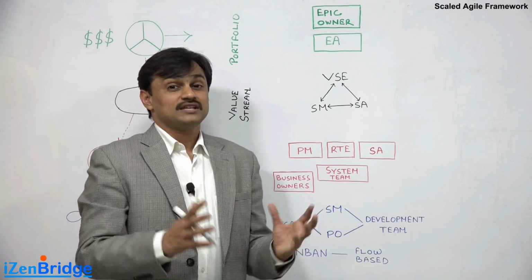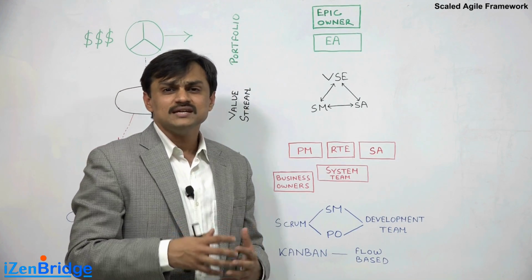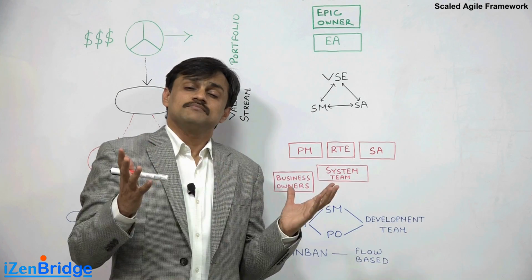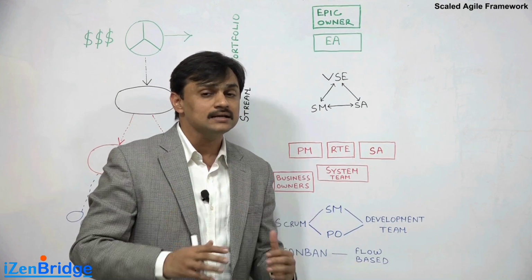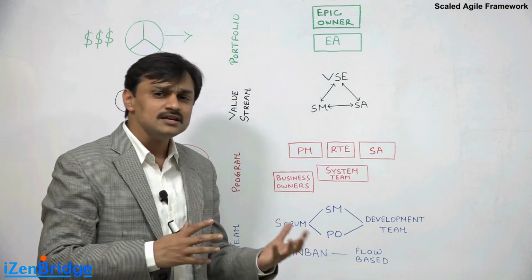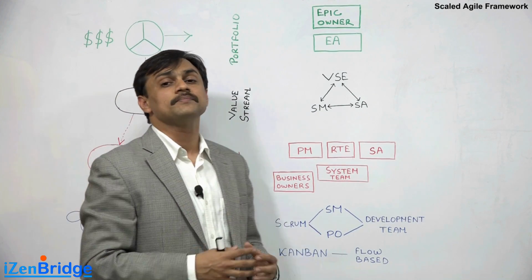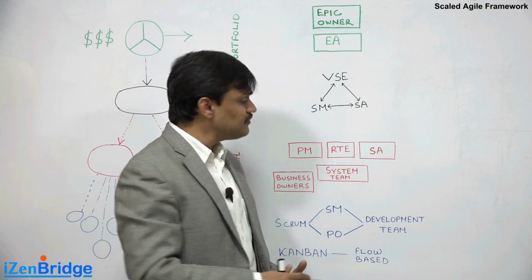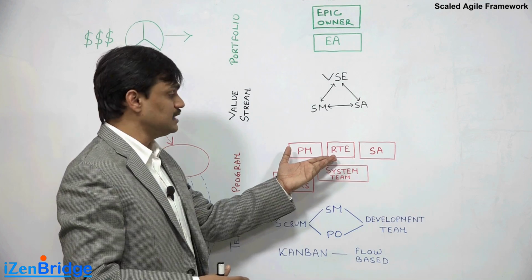When we have more than 5 teams, we may also need some sort of chief scrum master who can handle the conflicts coming up amongst teams and remove impediments at the program level. So in Scaled Agile Framework, we have a role called release train engineer.